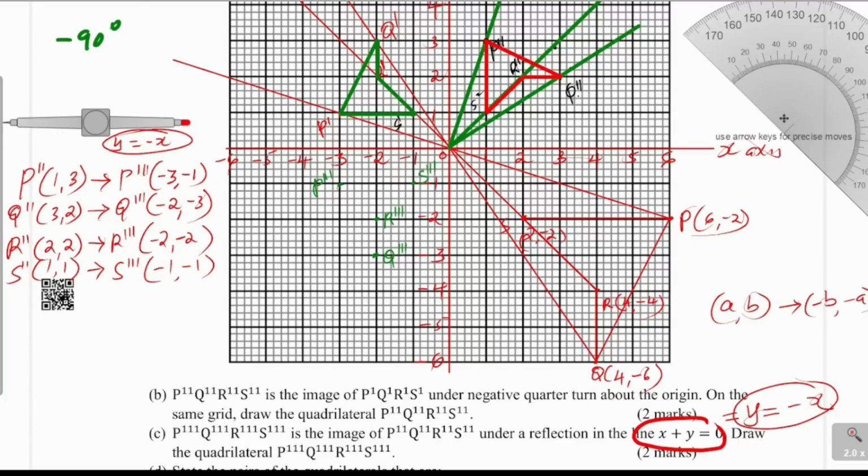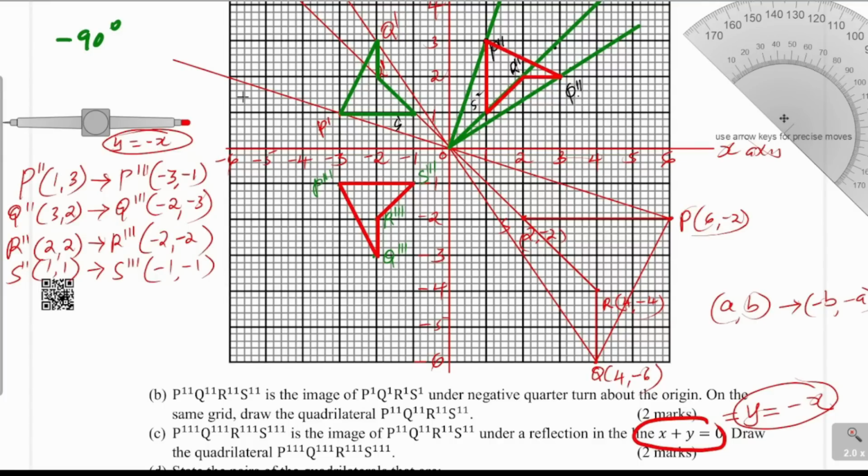You can join them. So P1 to P3 to Q3, then to R3, then to S3, and then you complete it like that. So that is the easiest way to do it, by just understanding that the reflection x plus y is equals to 0 is the same as y is equals to -x.